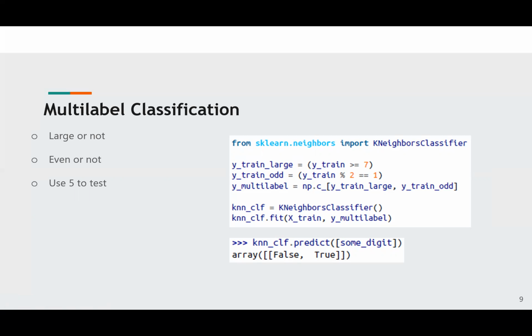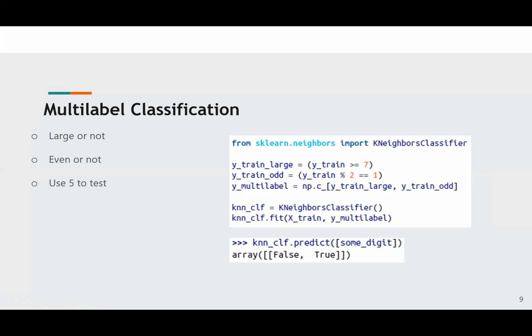You leverage something called a k-nearest neighbor classifier to train your model with multiple labels. You're able to predict on some digit, which is the first image in your data set, x0. You could test on others as well, but here we just use x0 as an example. x0 is 5, as you know. It is not large, but it is an odd number, right? That would be something you could leverage.